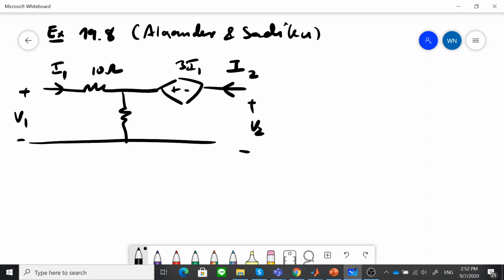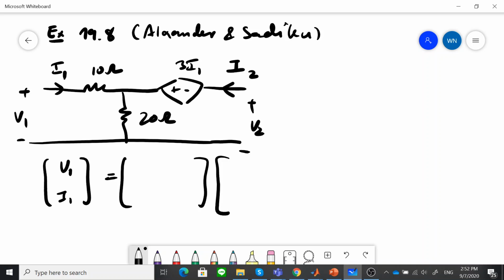This is 10 ohm, 20 ohm. The problem asks you to determine the matrix that would link V1, I1 on one end, if we know V2, I2 on the other end.